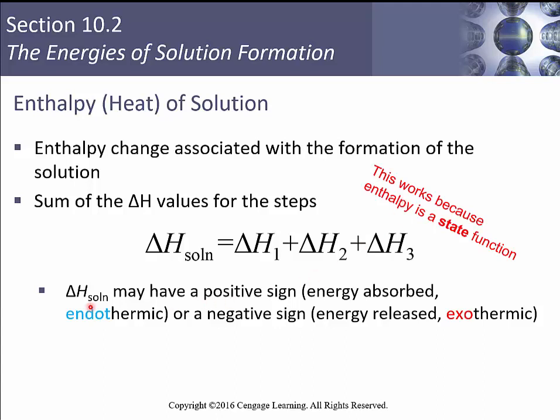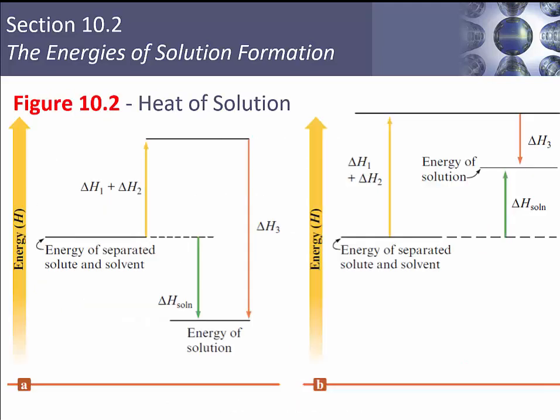Our delta H of solution may have a positive sign, energy absorbed, endothermic, or a negative sign, energy released, where it's exothermic. And this is just showing that for those people who like to look at diagrams. We've got some energy that it takes for steps 1 and 2, and then some energy that is released when they are mixing and forming those new bonds, and we've got this net release of energy.